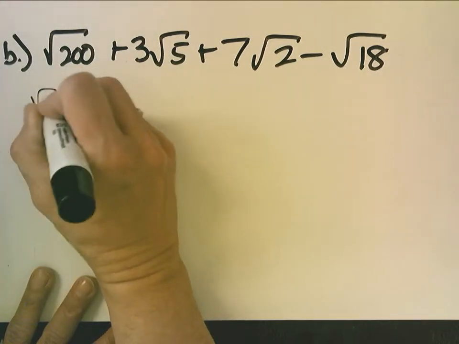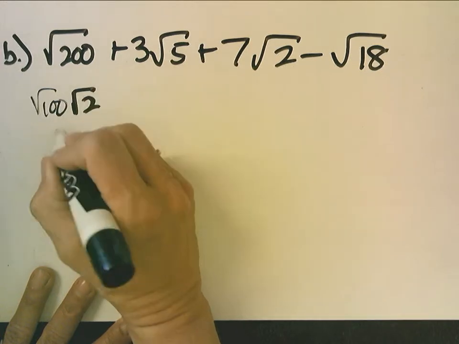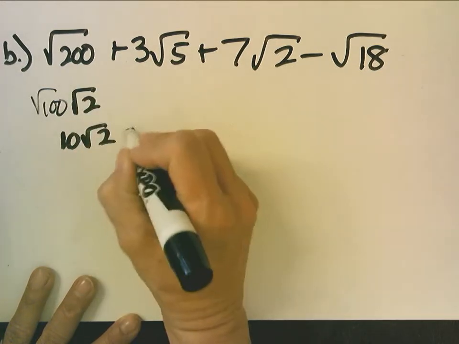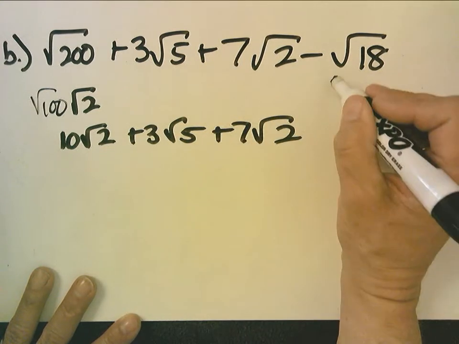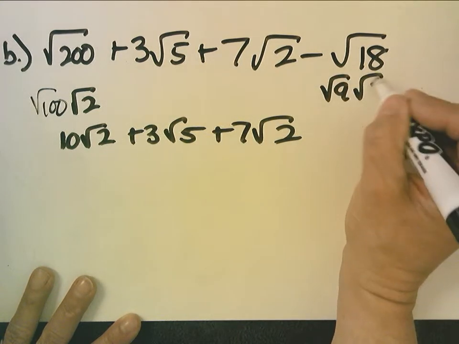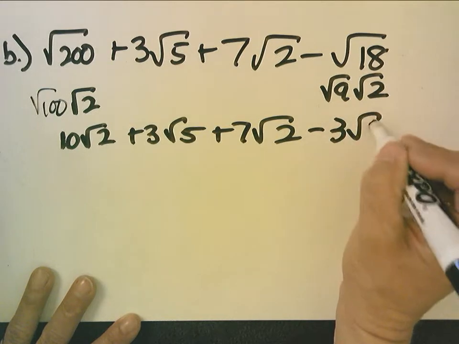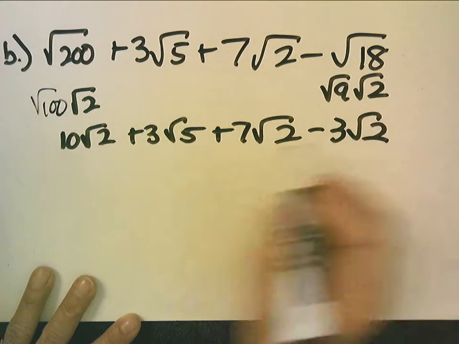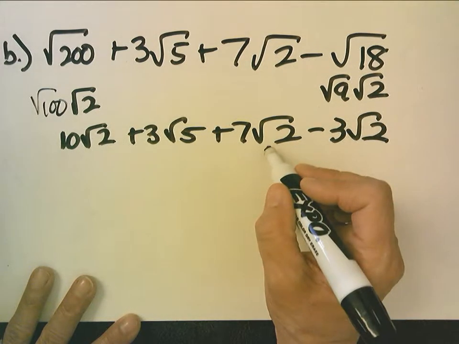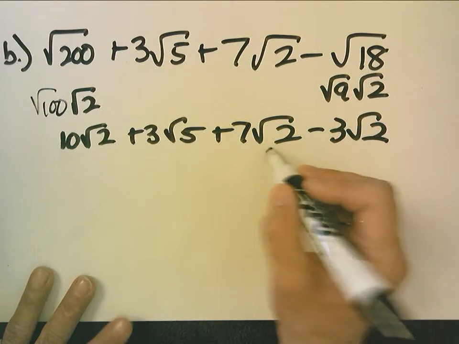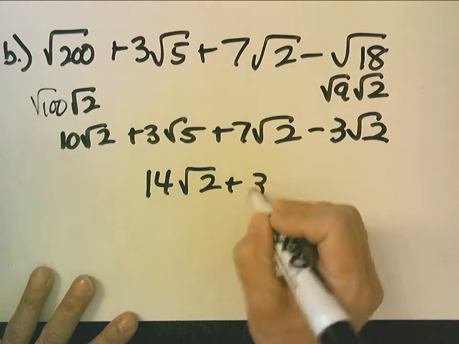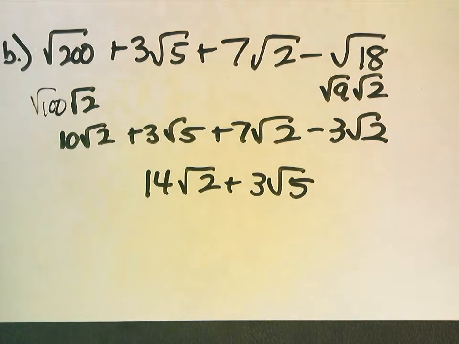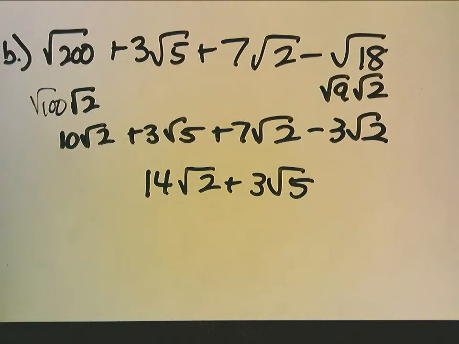This becomes root 100 times root 2, so 10 root 2 plus 3 root 5 plus 7 root 2, and this becomes root 9 times root 2, so minus 3 root 2. So 10 root 2 plus 7 root 2 is 17 root 2, minus 3 is 14 root 2 plus 3 root 5. So now, before you try to combine, you look and see if you can simplify.